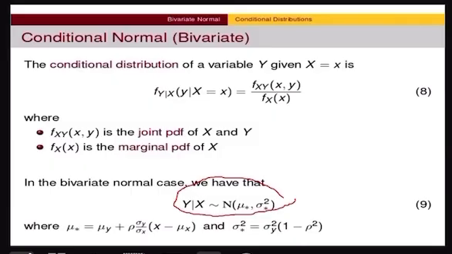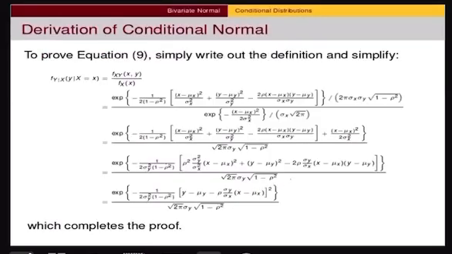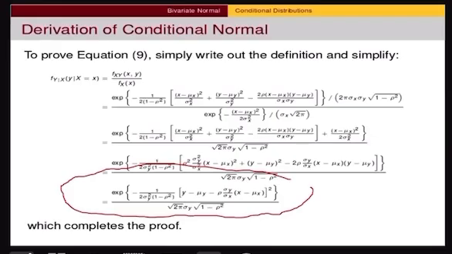If the distribution of y given x follows a normal distribution with mu star and sigma star squared, based on the density that we have derived here, we can make a conclusion.